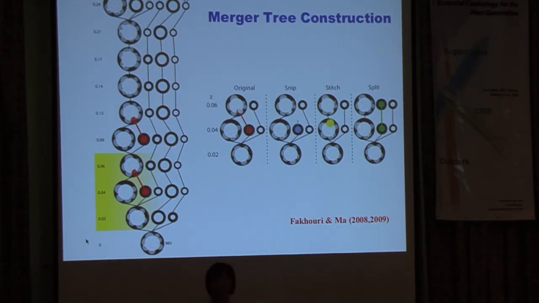So we explored two alternatives. One is what we call stitching. Instead of letting it snip, we just put it back in. Then when you're counting mergers, this will be one event, but this will no longer be a merger because the yellow one has been put back in. We also tried the other extreme, saying maybe friends of friends was making a mistake here, linking two things artificially, so you could split it at an earlier redshift too.